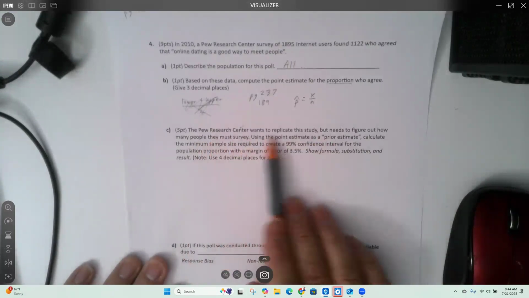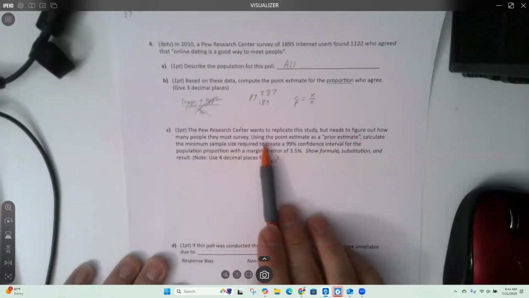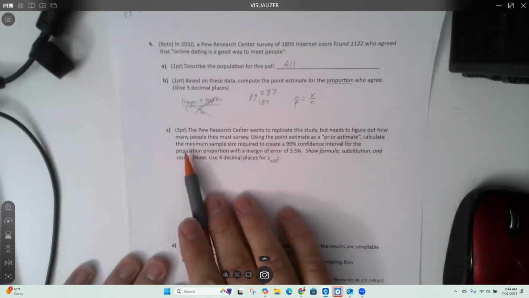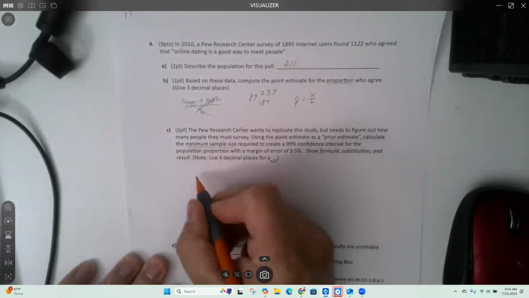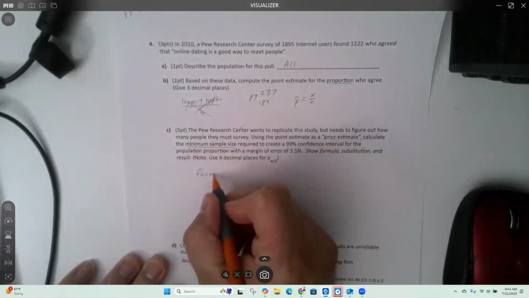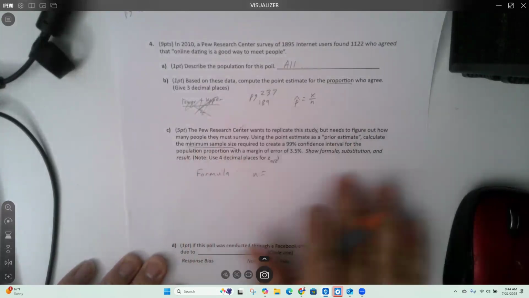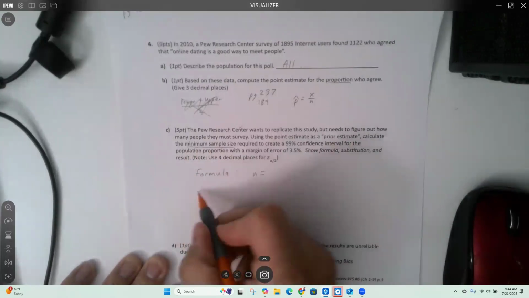Pew Research wants to replicate the survey, but needs to figure out how many people they must survey. Include the point estimate as a prior estimate. Calculate the minimum sample required. So minimum sample size, there was a formula, which was n equals stuff.